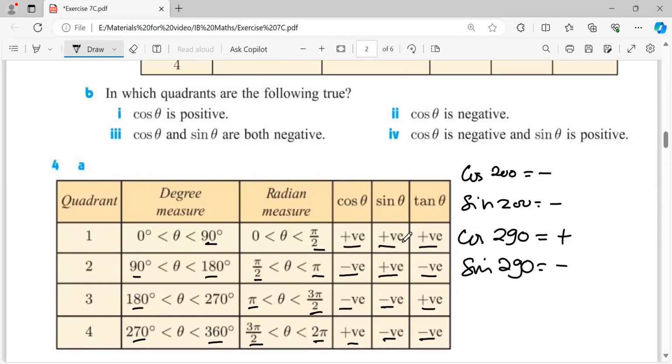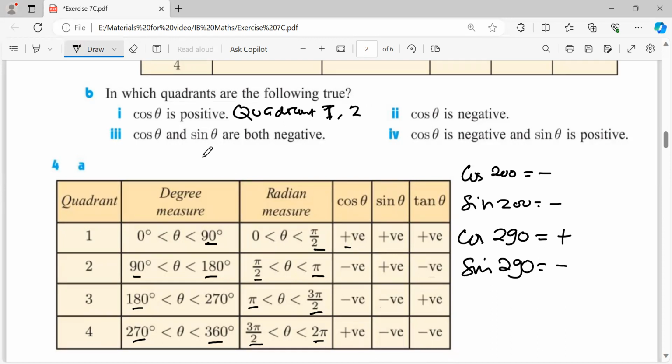Cosine theta is positive in quadrant 1 and quadrant 4.